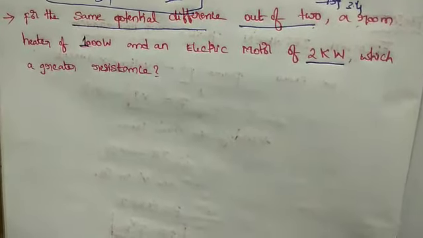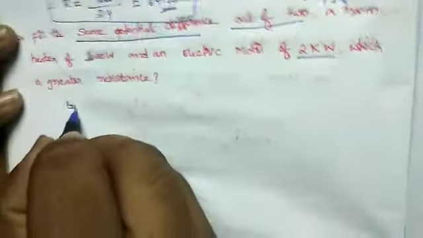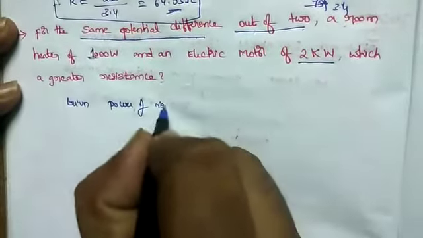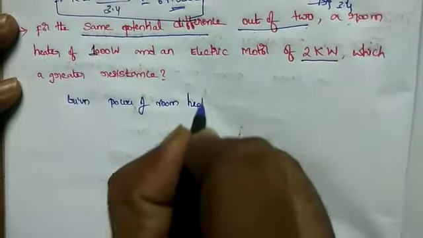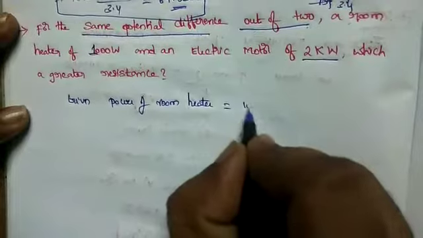Let us see the given data. Power of room heater is 1000 watts.